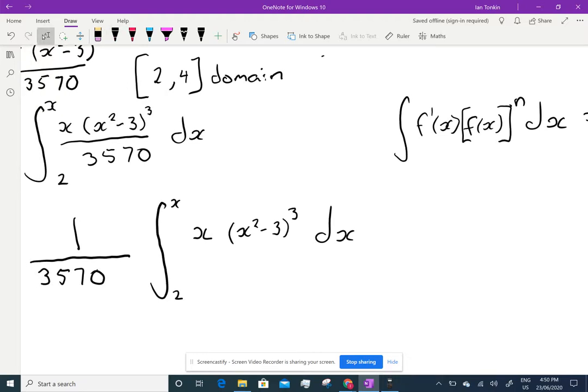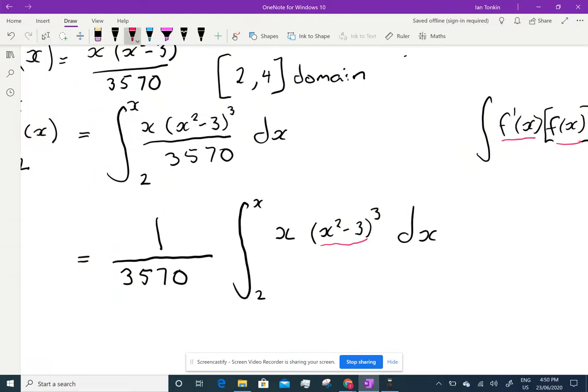So this is almost the derivative of the function to a power. Well, I've got this function to the power. What's the derivative of x squared minus 3? Oh, it's 2x. I've only got x. But it's a constant. So I can put 2 in as long as I take 2 out.